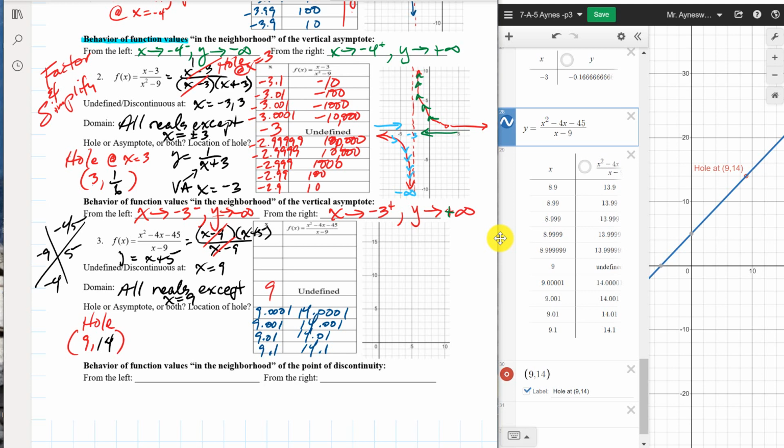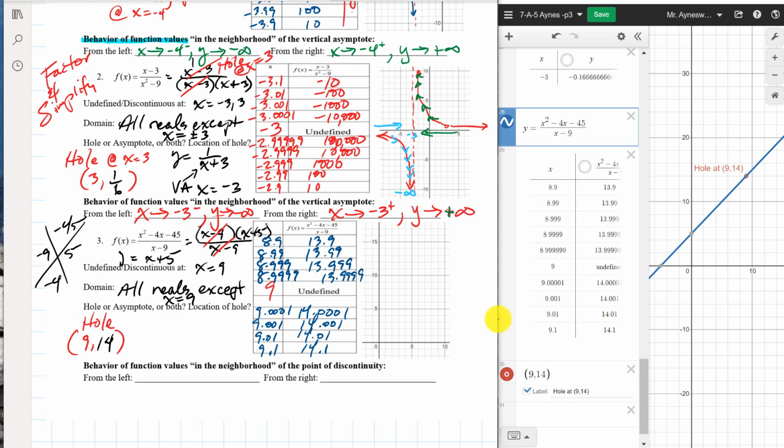On the other side, if you start off at 8.9, you get 13.9. 8.99 gives 13.99. 8.999 gives 13.999. You get closer and closer to 14, and it just keeps on continuing.